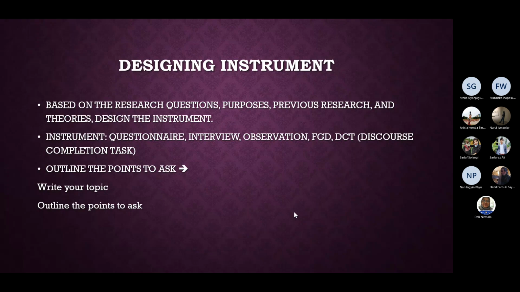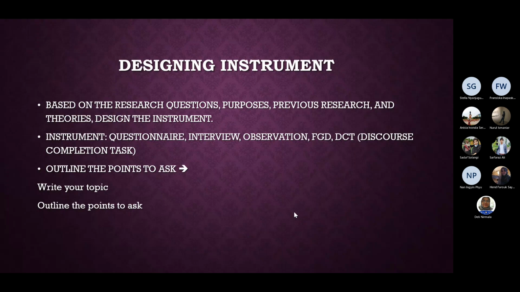But in a questionnaire, usually we have closed questions, whether you use Likert scales, 1, 2, 3, 4, 5. It depends on what you want to look at.